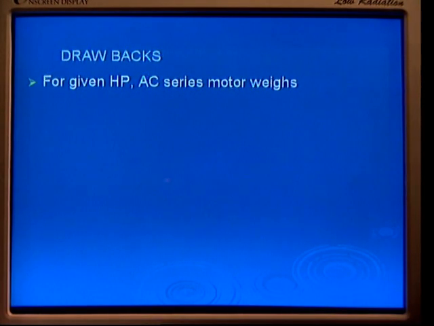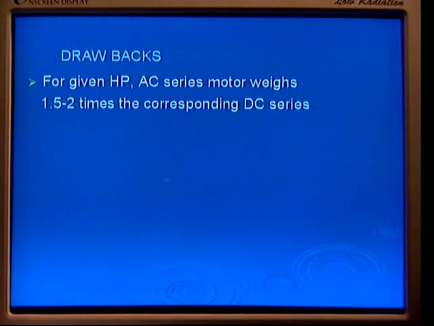For a given HP, the AC series motor weighs 1.5 to 2 times the corresponding DC series motor. You can see here, for example, if you are taking a 100 HP DC series motor and a 100 HP AC series motor, let us assume the weight of the DC series motor may be 500 kgs.